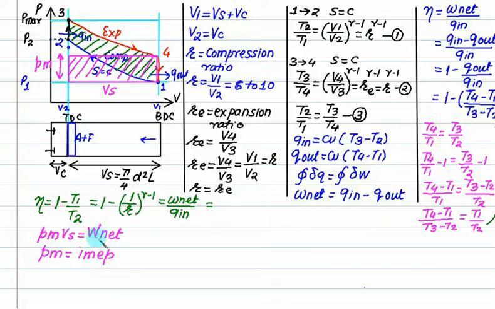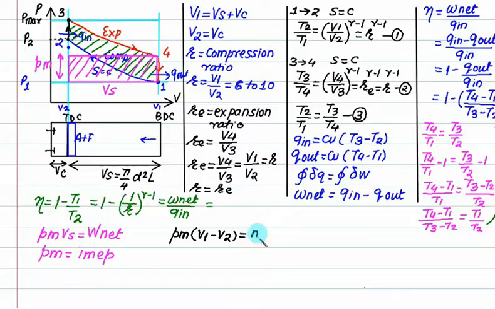Here capital W and capital Vs are in joules and cubic meters. If we work out the specific quantity, we will get Pm. What is Vs? Vs is basically V1 minus V2.